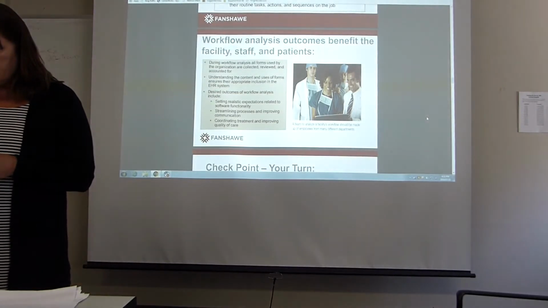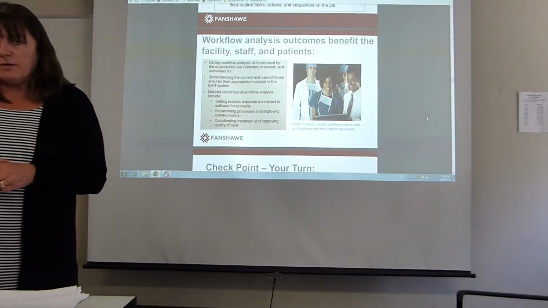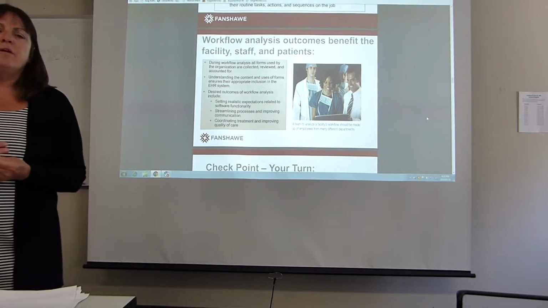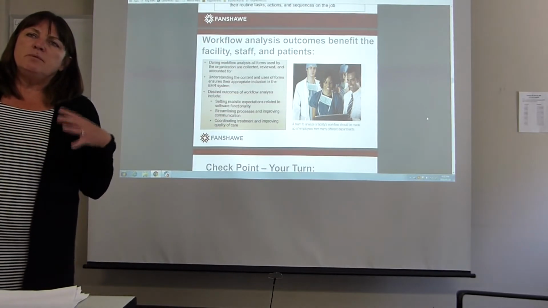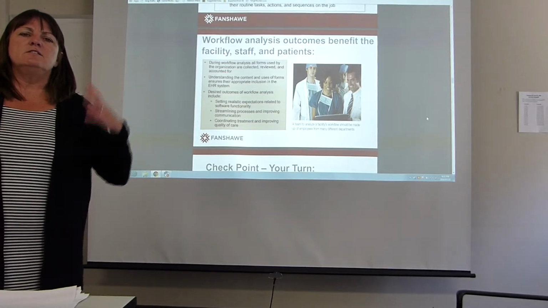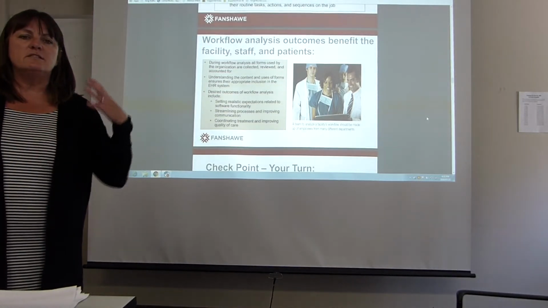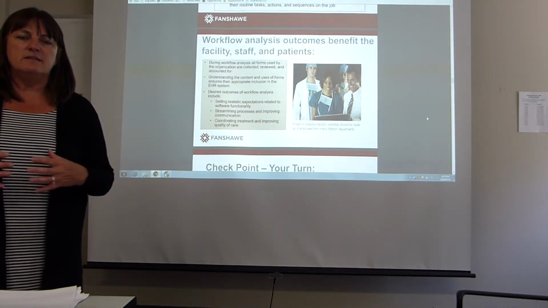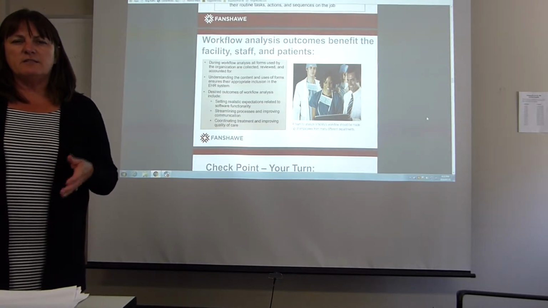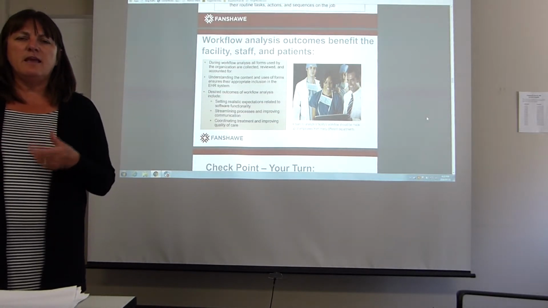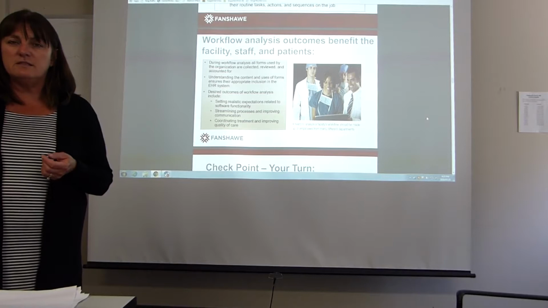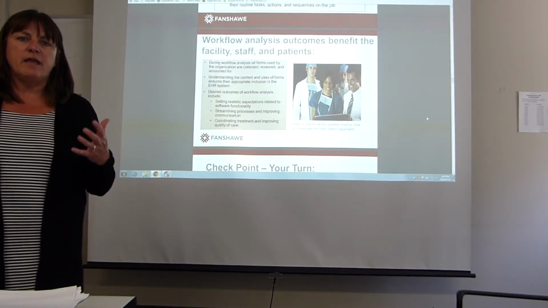The desired outcomes of workflow analysis include setting realistic expectations for software functionality. So some people want the best system ever, and the best system ever isn't out there yet. So we need to manage the expectations of the team to say, yeah, it would be nice if it could do this, this, and this, but we're not there yet.